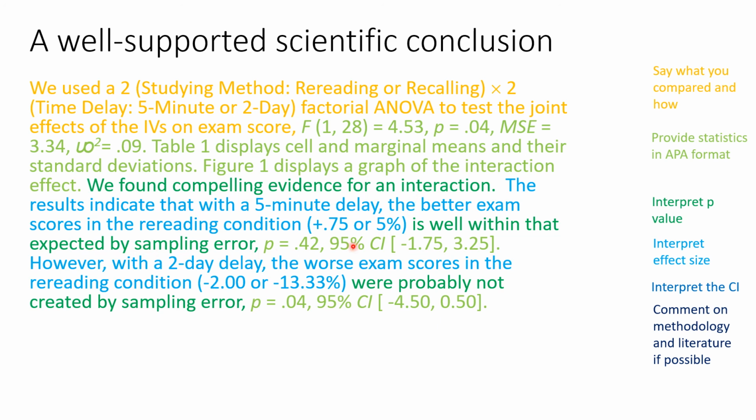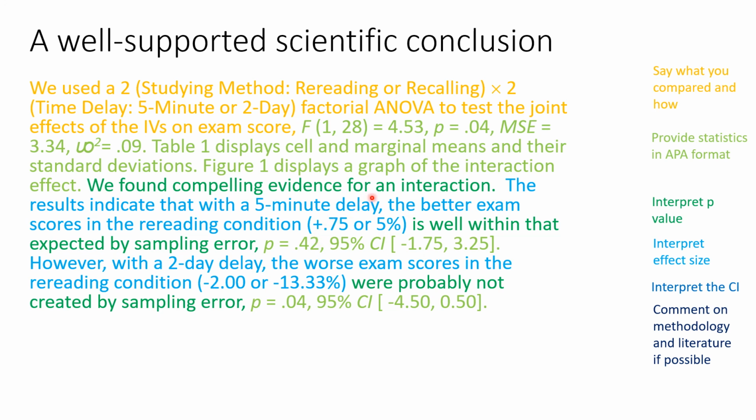So I did a number of things there. I'm talking about the simple effect now, and I'm interpreting the size of that simple effect. It was about 5%, and I'm saying that it was well within what was expected by sampling error because of this p-value, and then I provided this confidence interval here.